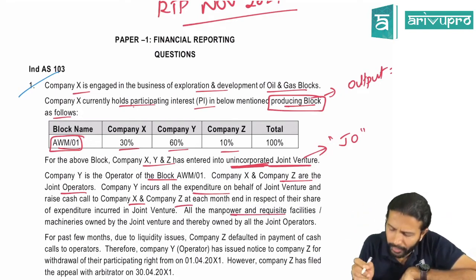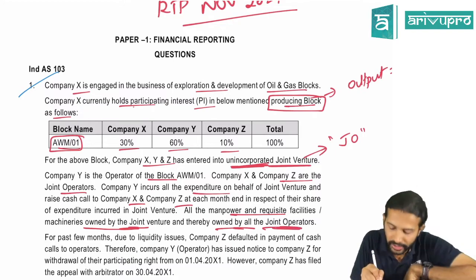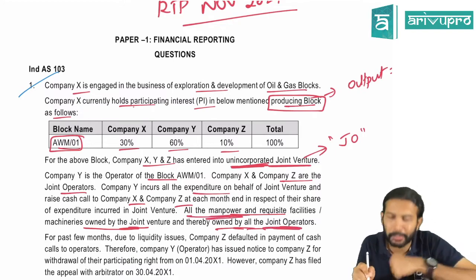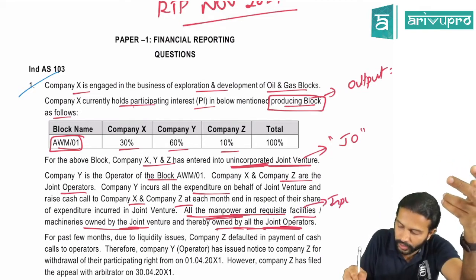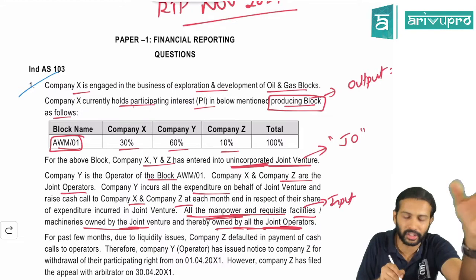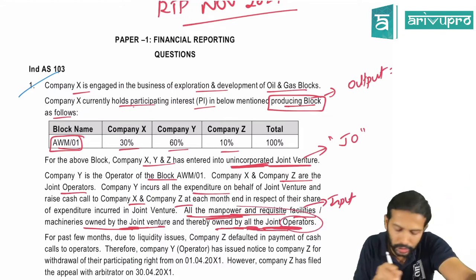All the manpower and requisite facilities such as machineries are owned by the joint venture and therefore owned by all the joint operators. So this is the keyword. All the manpower and these facilities are all inputs, right? Required facilities, machineries and all inputs are owned by the joint venture and thereby owned by all the joint operators.